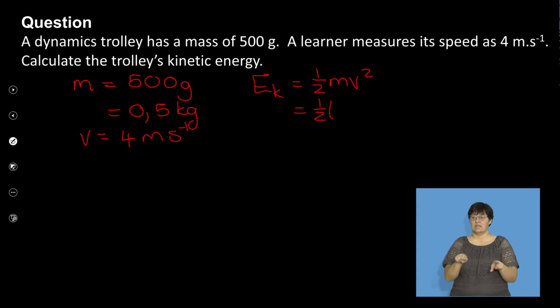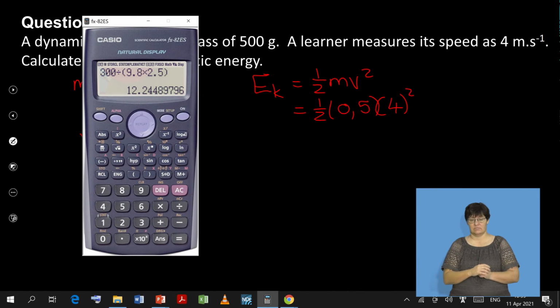So it's a half times 0.5 times 4 squared. We're going to use our calculators. So a half is 0.5 times 0.5 times 4 squared, and it gives me 4.